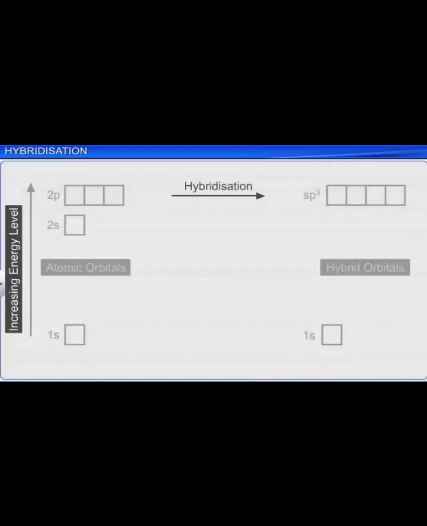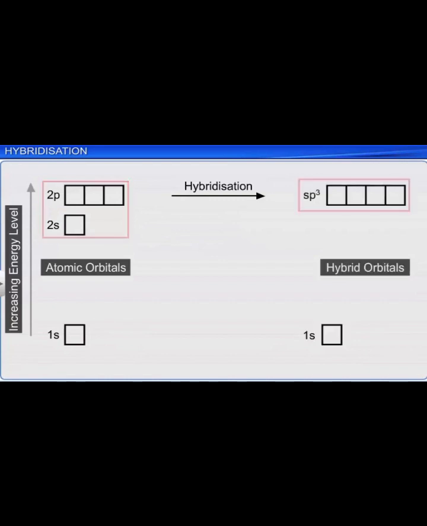During hybridization, atomic orbitals of slightly differing energies redistribute to form a new set of orbitals with equivalent energies. The number of hybridized orbitals formed is equal to the number of atomic orbitals participating in the process.